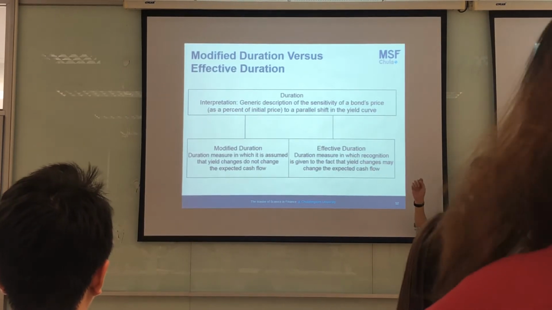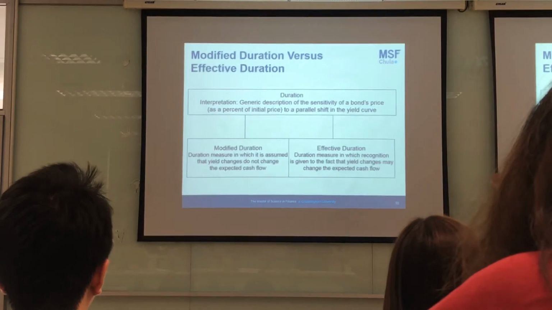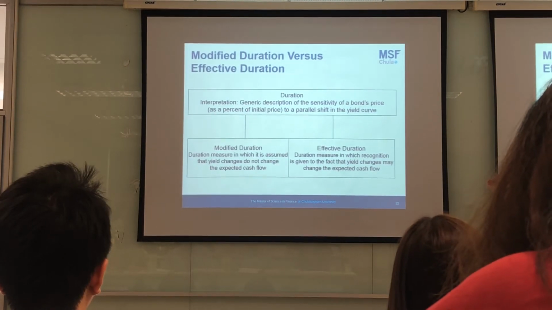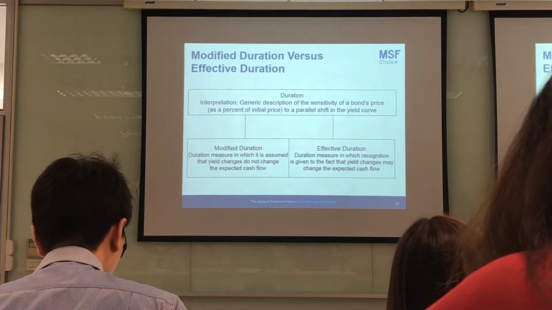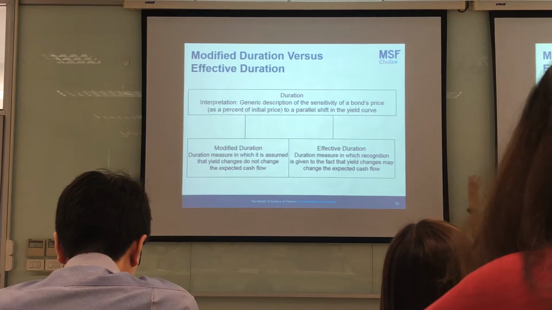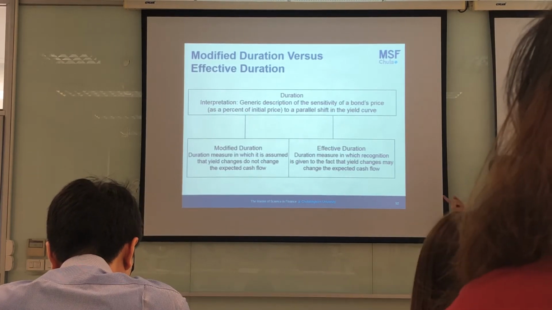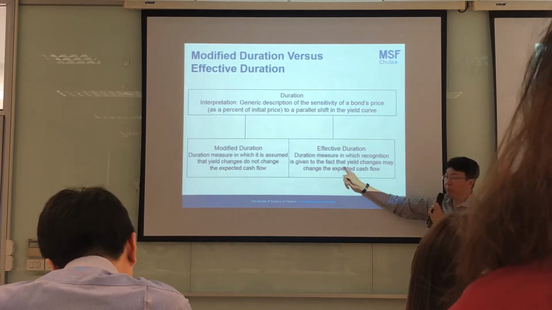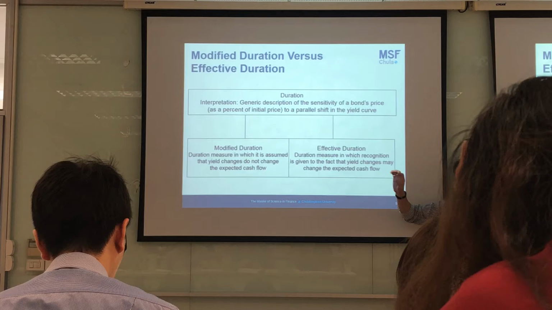For example, when we assume the x basis point change for the callable bond, we may not assume that we will get the expected cash flow until maturity, but the bond may be redeemed by the bond issuer. So the expected cash flow would be some certain period of coupon payments plus the call price.